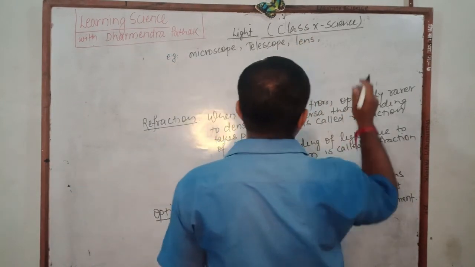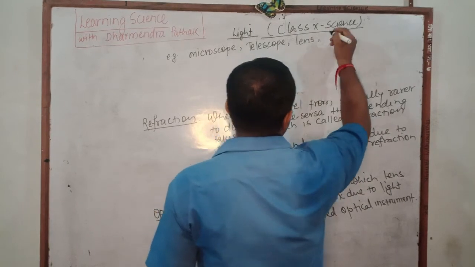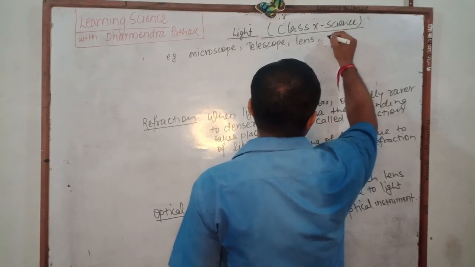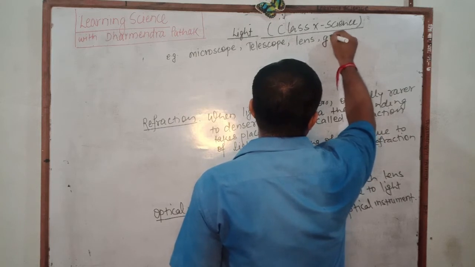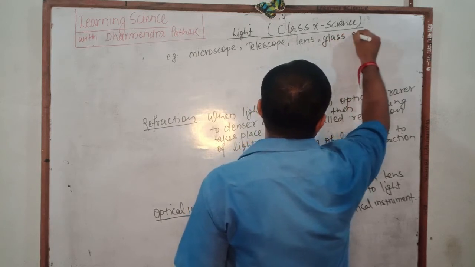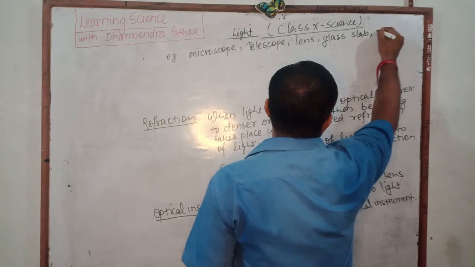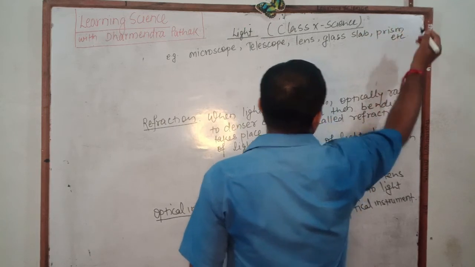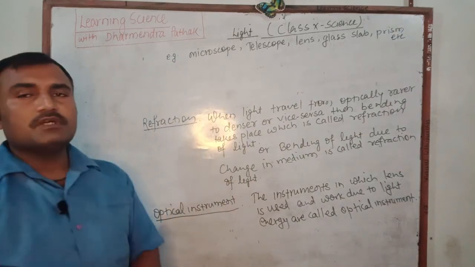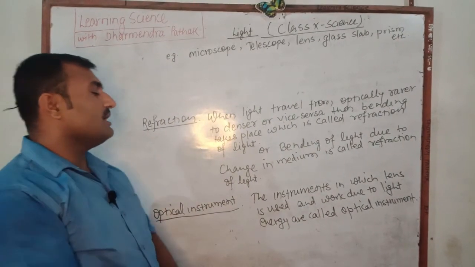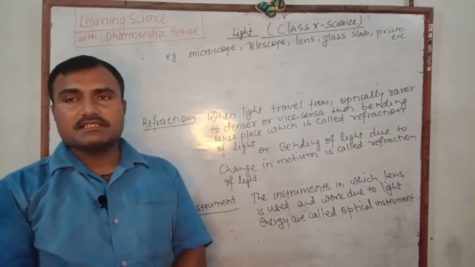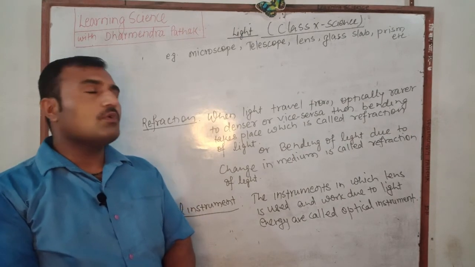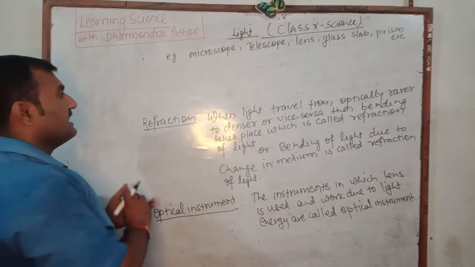Others are based on refraction, like a glass slab, prism, binoculars. These are all examples of optical instruments. Why? Because they are made up of glass or two media are found there, and they also work due to refraction of light.